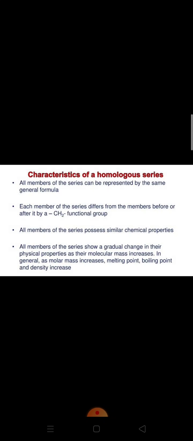Students, a homologous series is a series of compounds that have the same functional group and each member differs from the next member by a CH2 unit in their formula. Means, in a homologous series, all members can be represented by the same general formula.